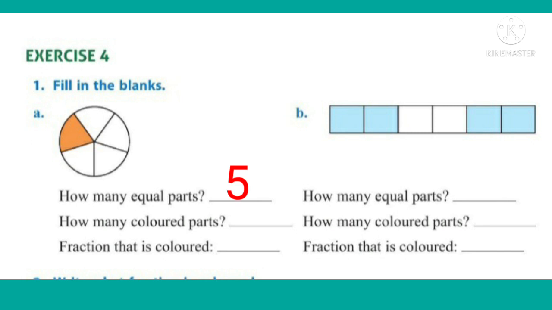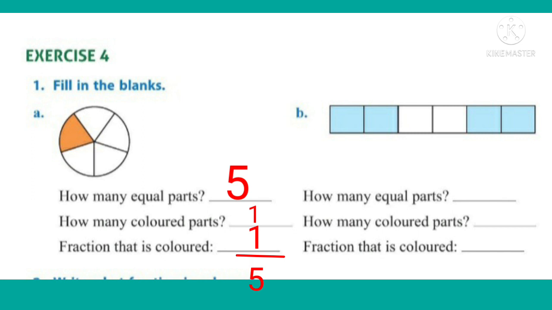Yes, 5. And how many colored parts? 1. Fraction that is colored. So what will be the answer? Yes, 1 divided by 5. That is number of parts taken by number of equal parts, isn't it? Yes, so the answer is 1 by 5.